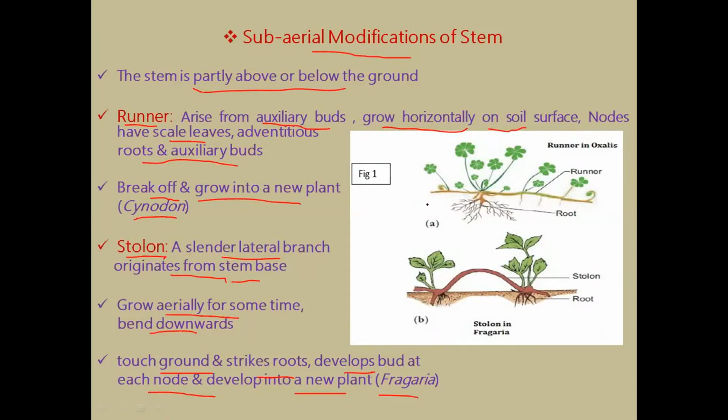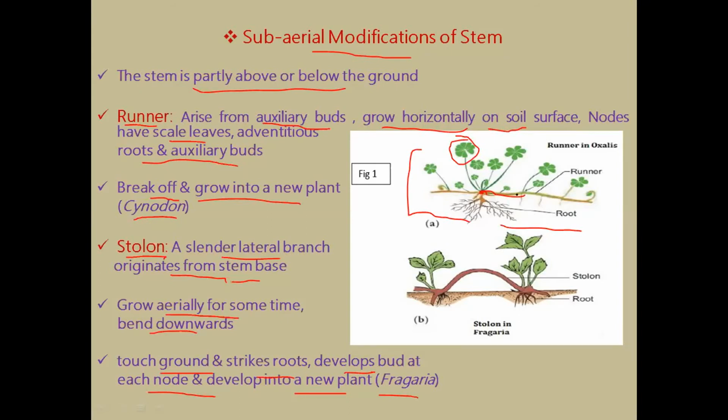So you can see here, this is a typical diagram of a runner. This is a node. At this node, scale leaves arise. It also has an axil, and from the axil a new runner arises. This is a new runner.